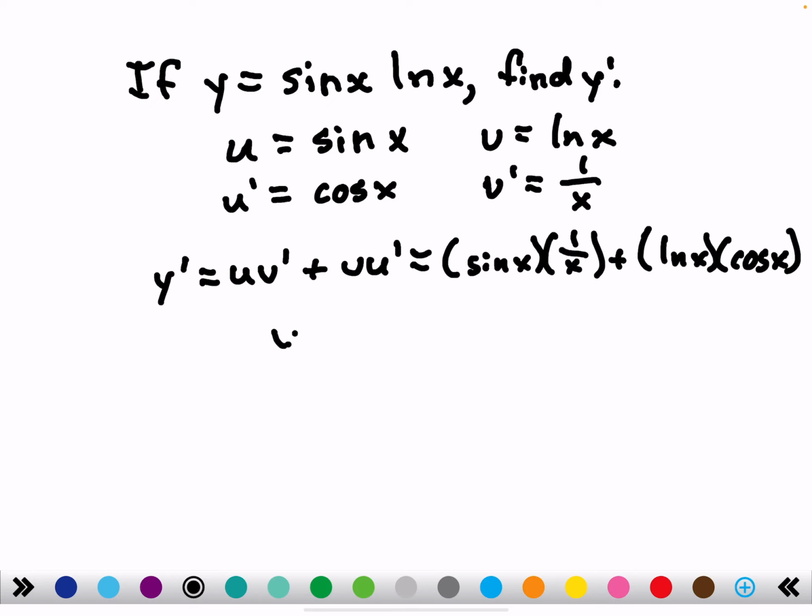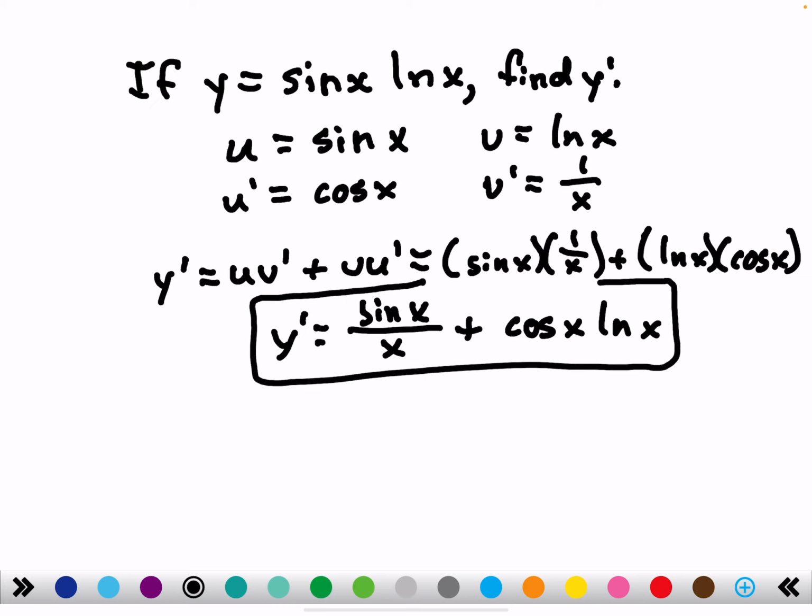So the final answer, you could write it like this: sine x over x plus cosine x natural log of x. And there is the answer to that problem.